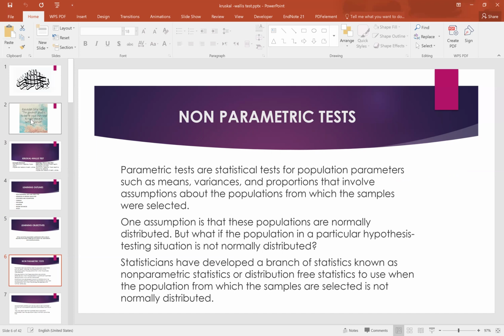One assumption is that these populations are normally distributed, but what if the population in a particular hypothesis testing situation is not normally distributed? Statisticians have developed a branch of statistics known as non-parametric statistics or distribution-free statistics to use when the population from which the samples are selected is not normally distributed.